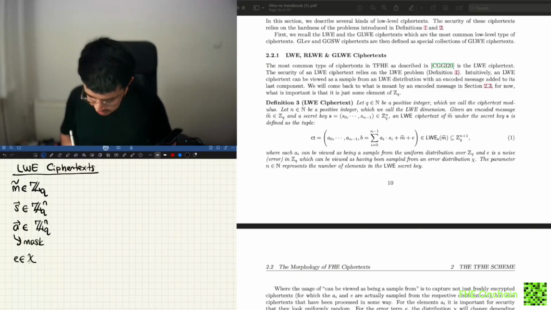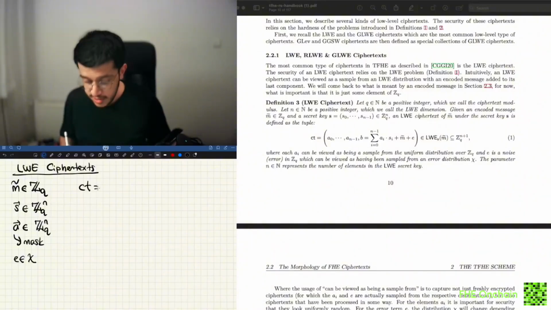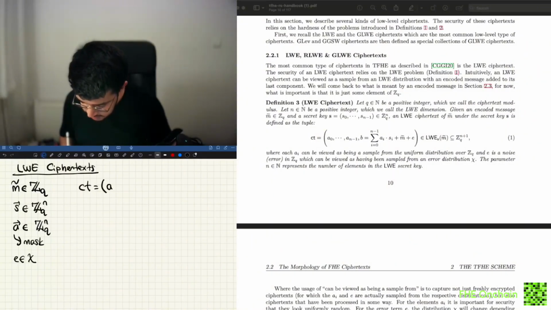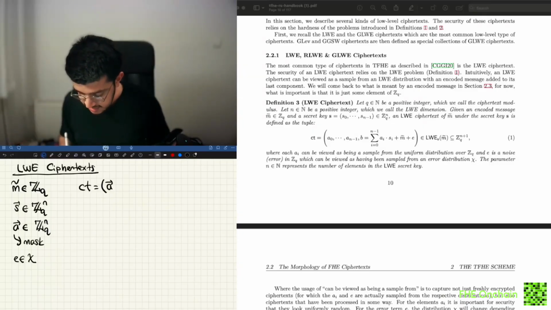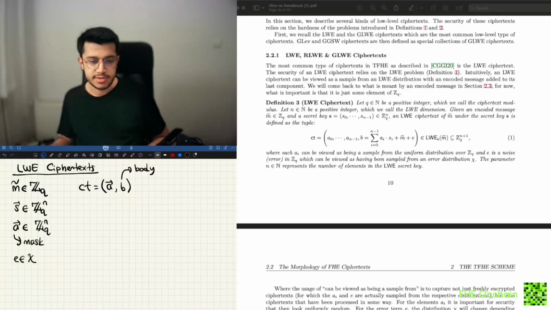To calculate it, the ciphertext is a tuple where the first entry is the mask A, and the second one is B, which we call the body. A is randomly sampled, that's a public parameter. But how are we going to know B?